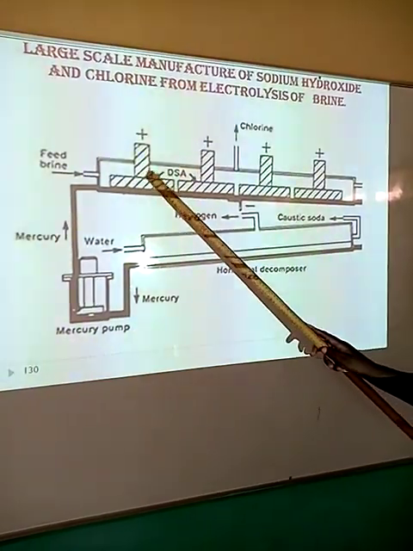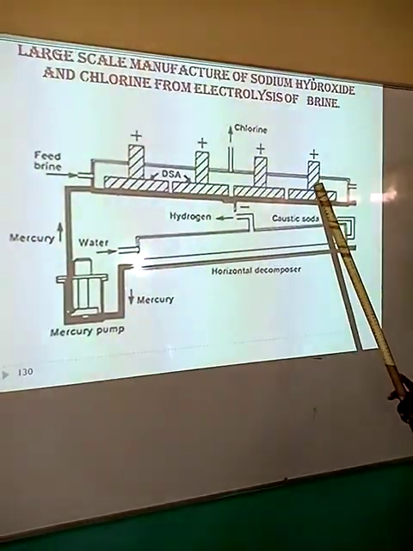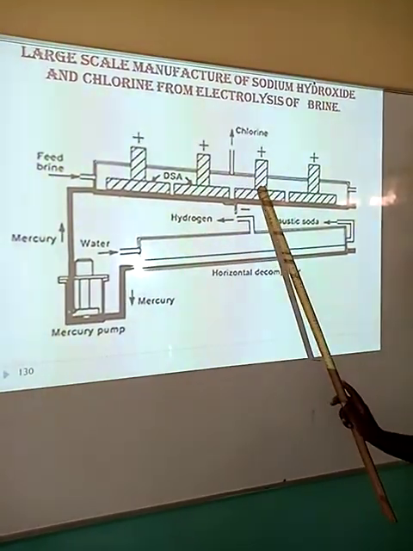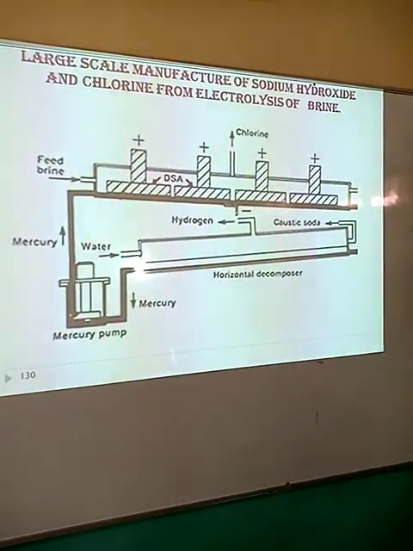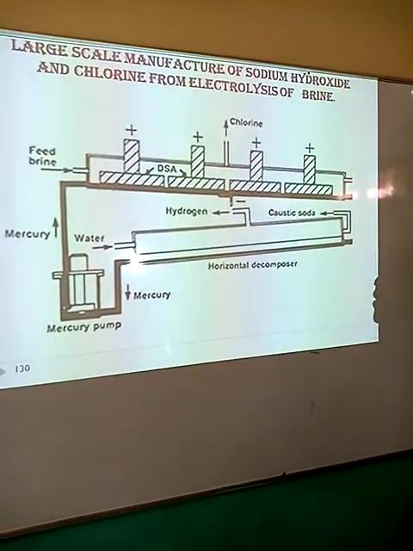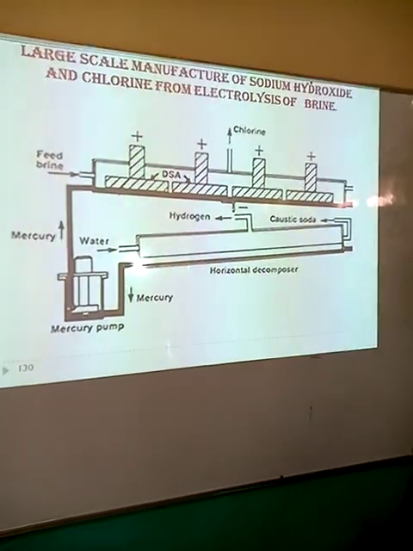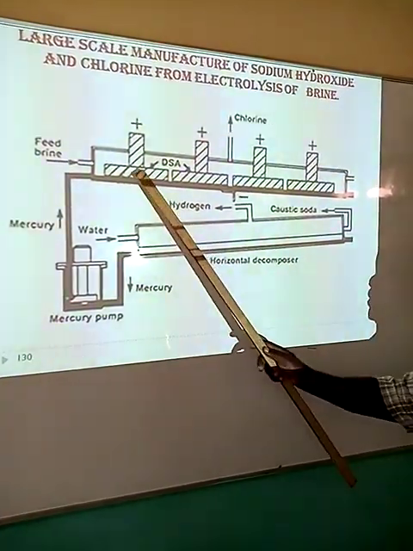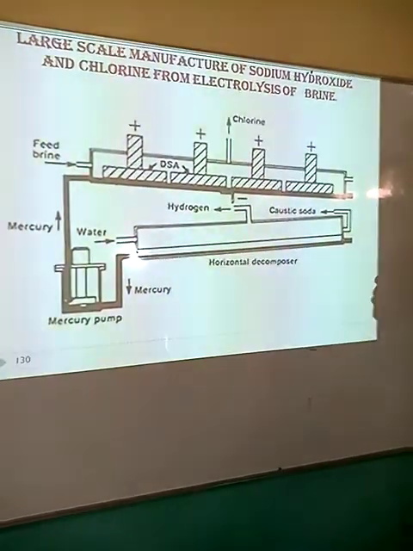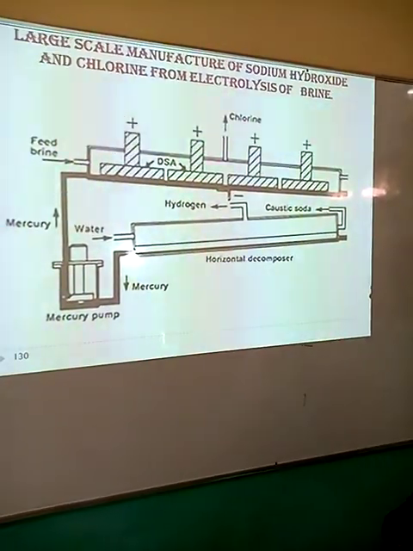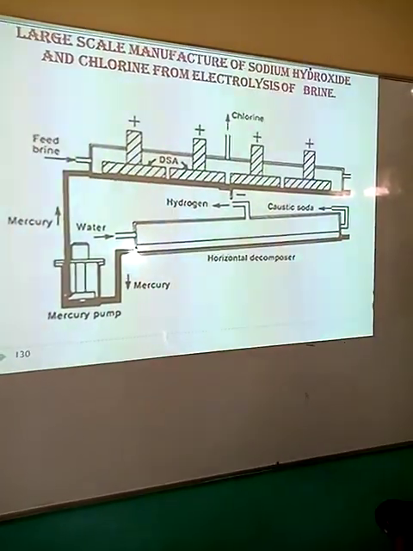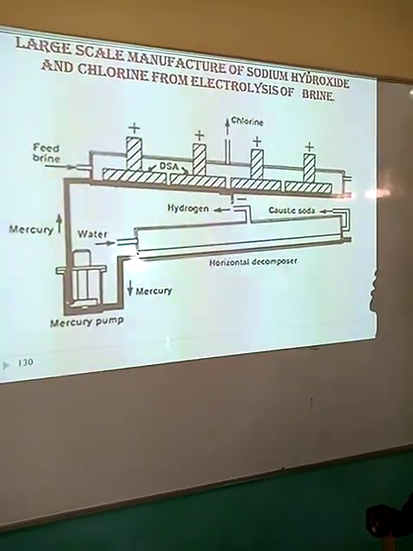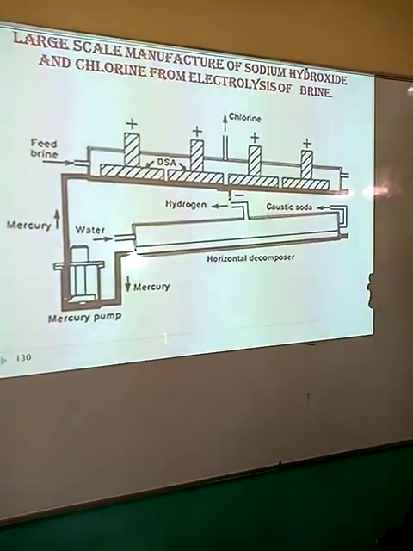And then we have these positive electrodes. These positive electrodes are made up of carbon, particularly graphite, and sometimes you can use titanium. The essence of using them is because they don't react with chlorine. That is the reason why we use carbon or graphite.